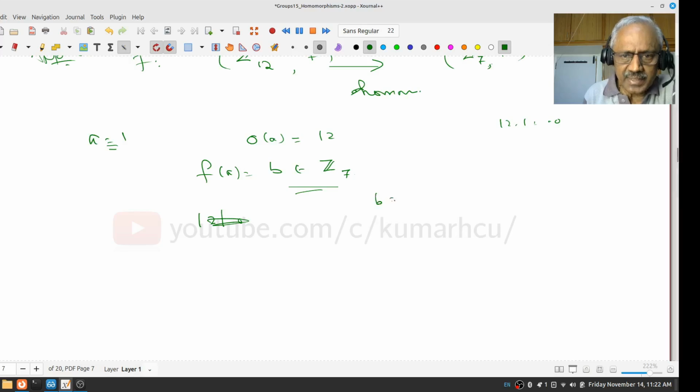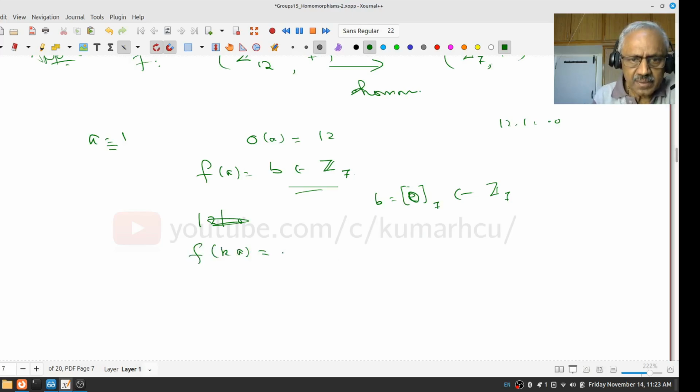If B is the identity, that is 0 in Z7, an element of Z7, then f of kA is f of A plus f of A and so on, which is 0. This is the 0 in Z7. k times that will be 0, right, for every k.